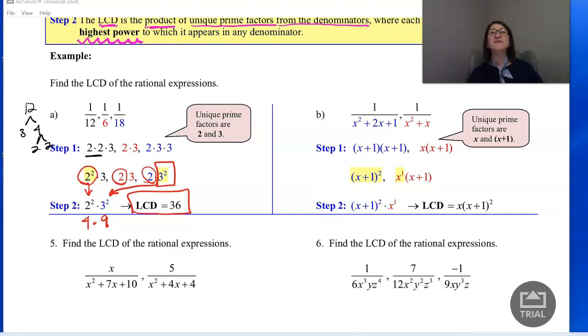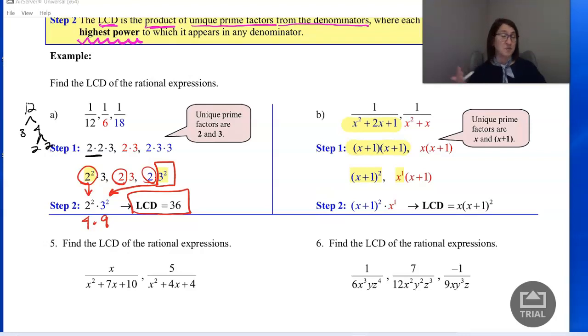All right, the same process works when we have polynomials. We first need to factor them. So when we factor x squared plus 2x plus 1, that's a perfect square trinomial, okay?